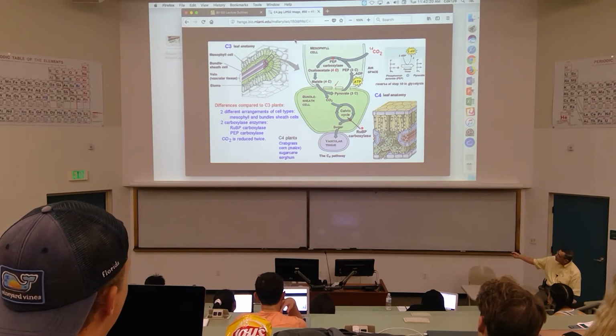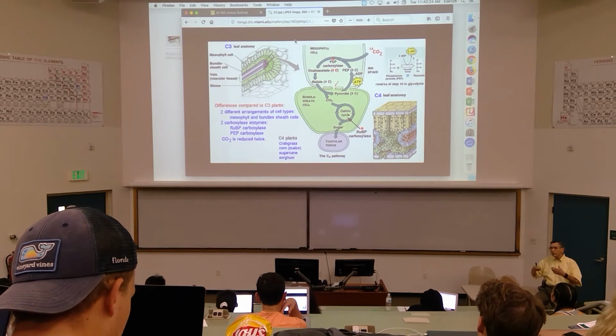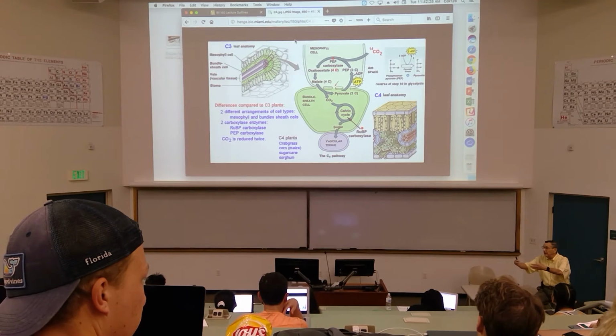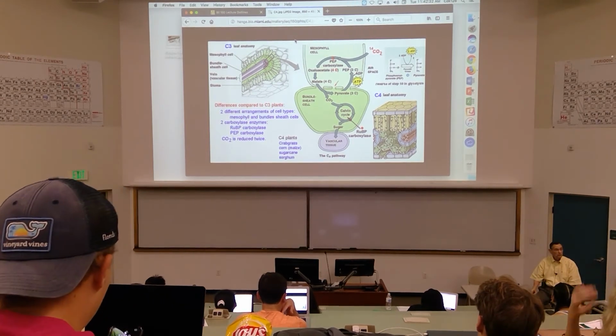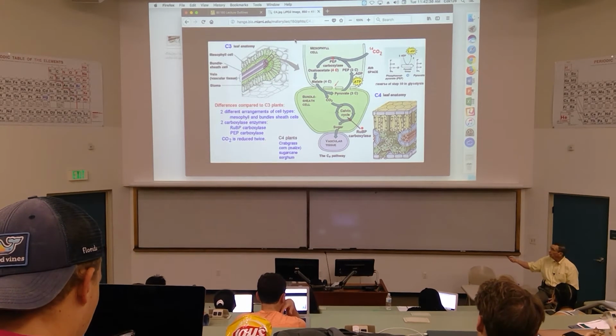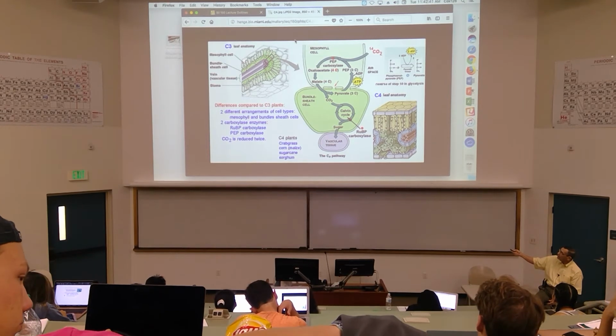What happens over here? Well, there are no intercellular spaces. So you're reducing the diffusive nature of oxygen getting to the cells, which would otherwise interfere through photorespiration. So you're trying to get around photorespiration by reinstituting a specific kind of anatomy, which you see here.